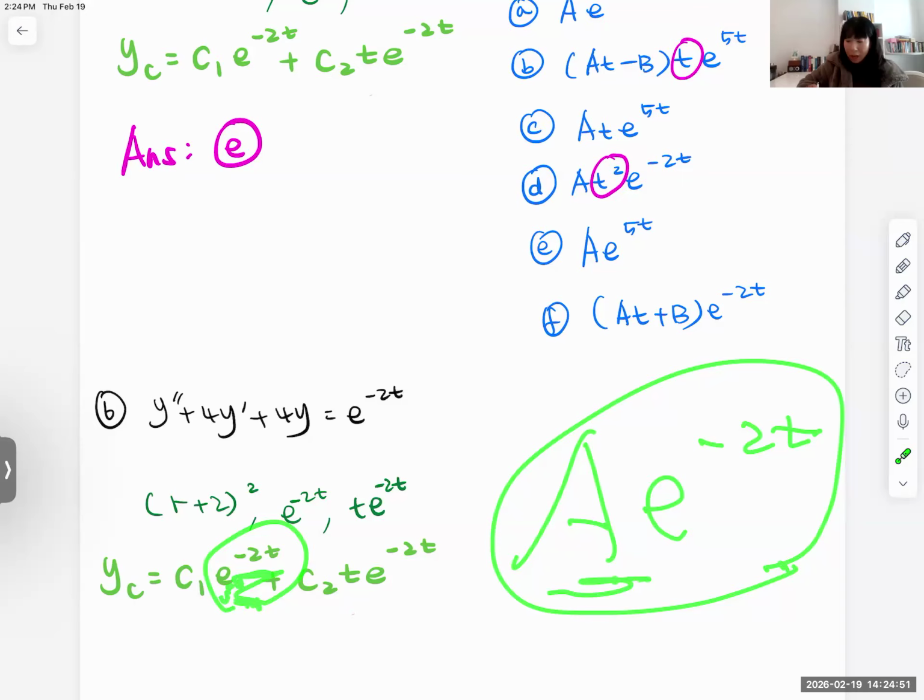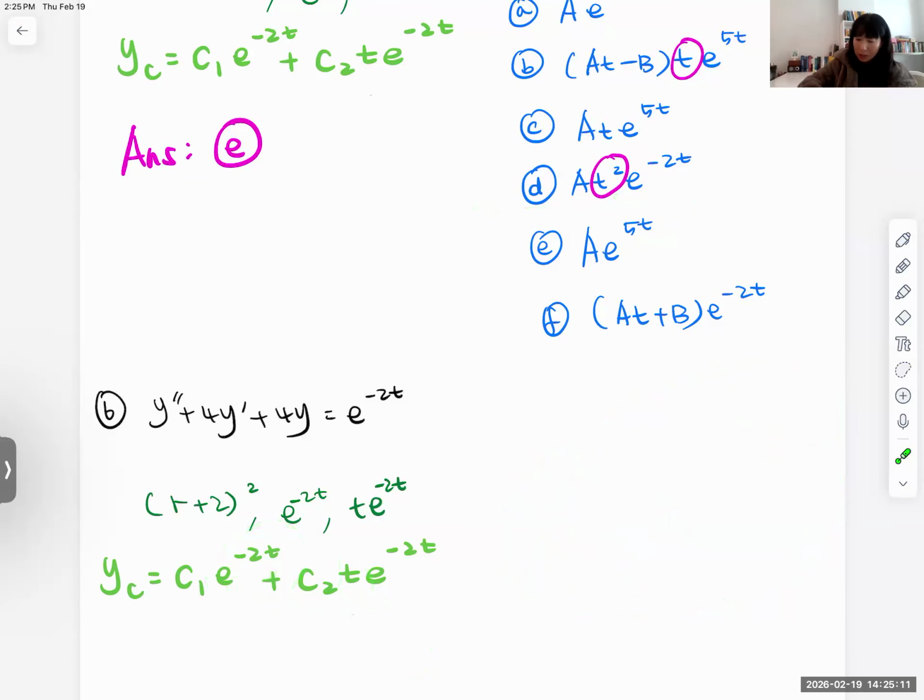So we have to insert t, right? But then there's already a t there too, right? Can you see? That's why we choose a t squared e to the negative 2t. Makes sense to you?